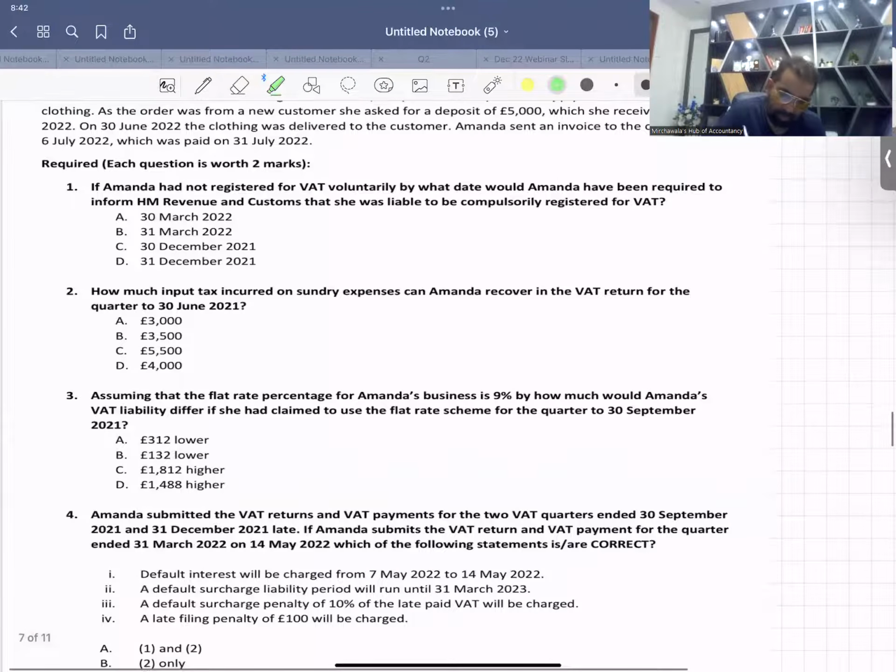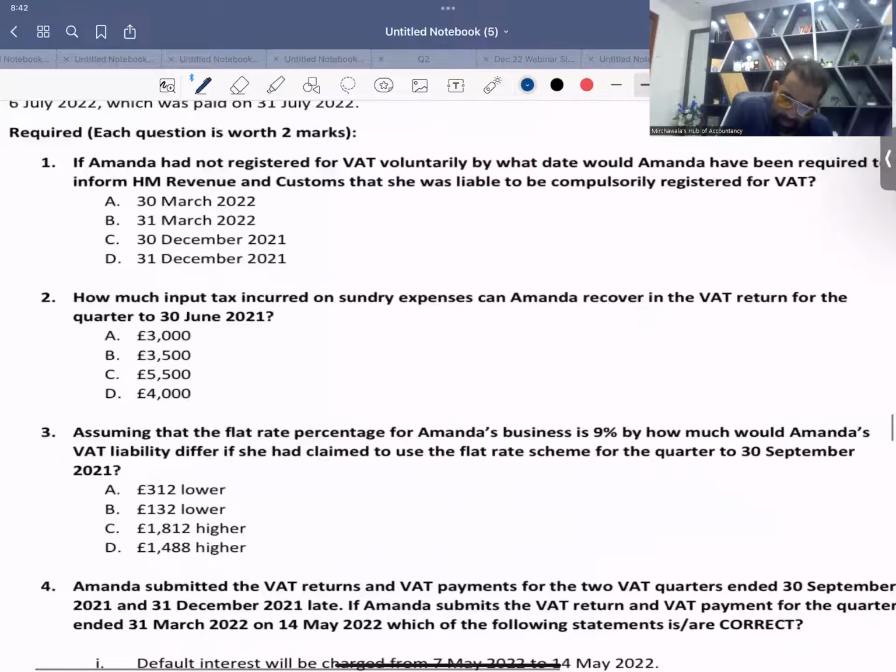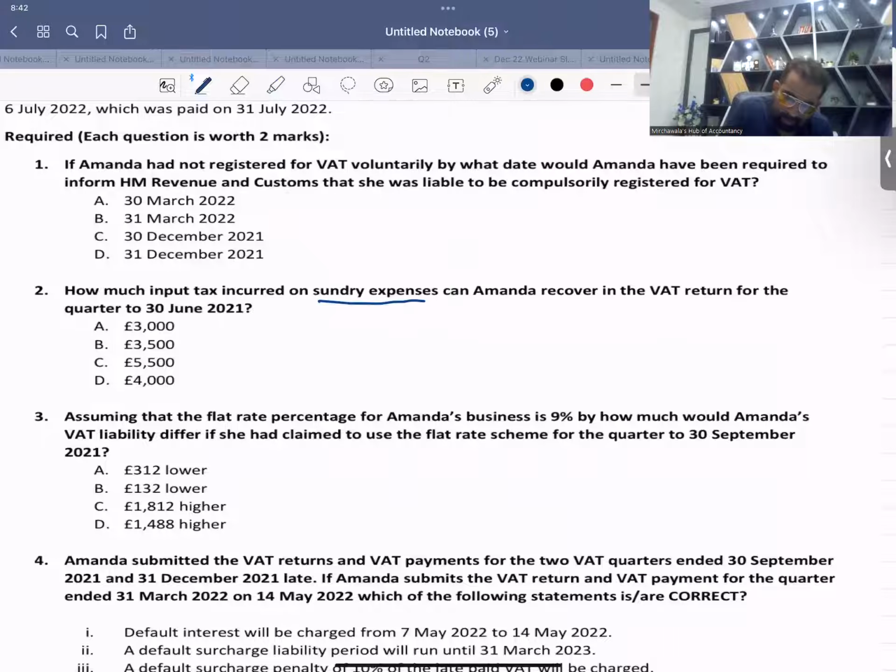Now read question number two. How much input tax incurred on sundry expenses can Amanda recover in the VAT return to 30th June 2021? The answer is C. Now the third requirement is a little bit detailed and a little bit tricky.